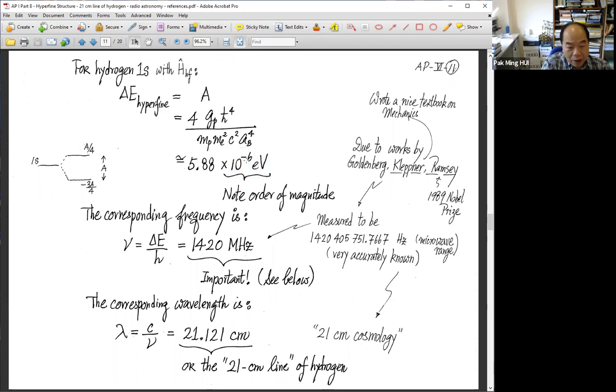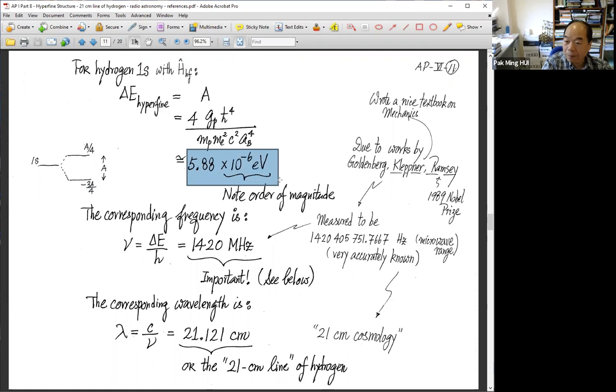And now, if we use this number and look at the splitting, this is A, okay? Therefore, this splitting refers to this particular energy.